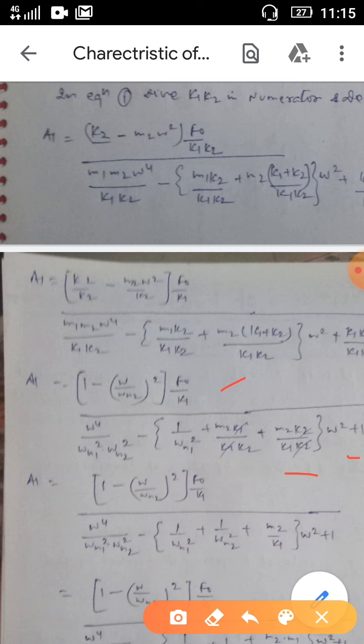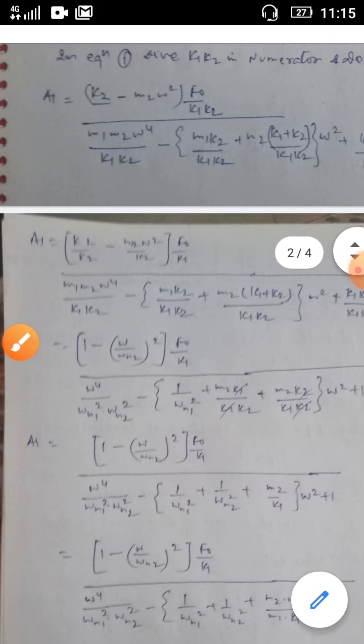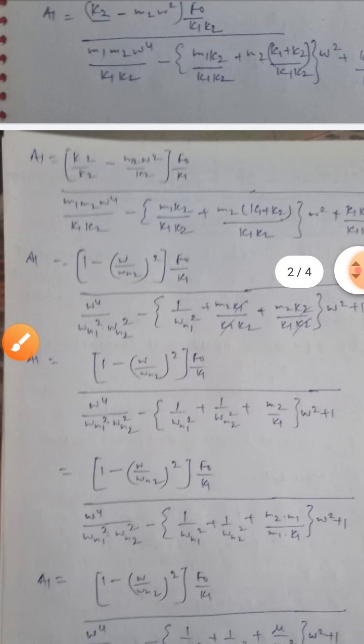After simplifying we will get 1 minus (omega upon omega n2) square, f naught by k1, over omega power 4 upon omega n1 square omega n2 square minus (1 upon omega n1 square plus 1 upon omega n2 square plus m2 upon k1 omega square) plus 1.